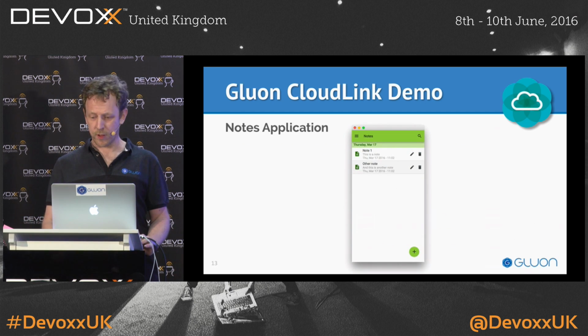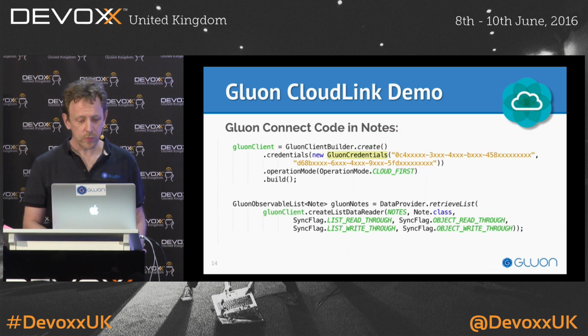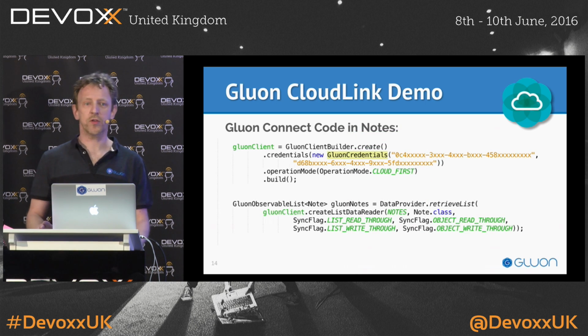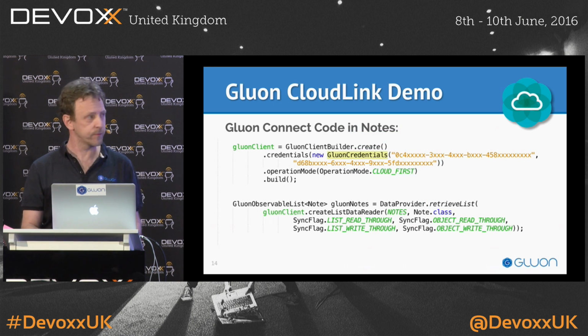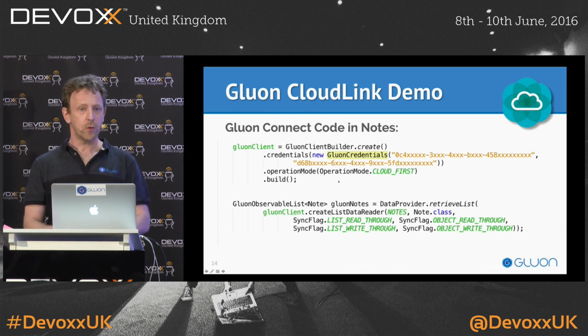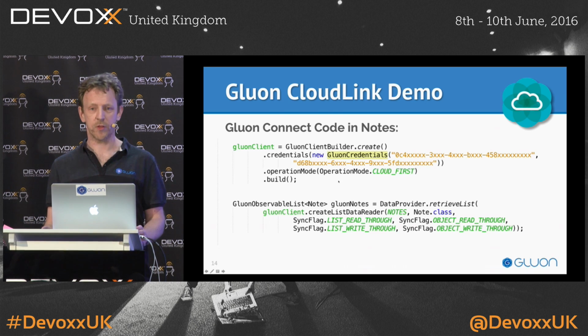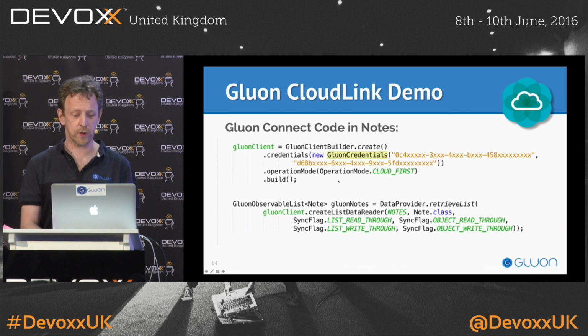So we already saw the Notes application. A piece of code that we didn't show was where the notes come from, but the code was like this, and I will immediately explain it. The operation mode was set to local only, which means that we use Gluon Connect, but we store everything locally, so we don't go to a cloud system.